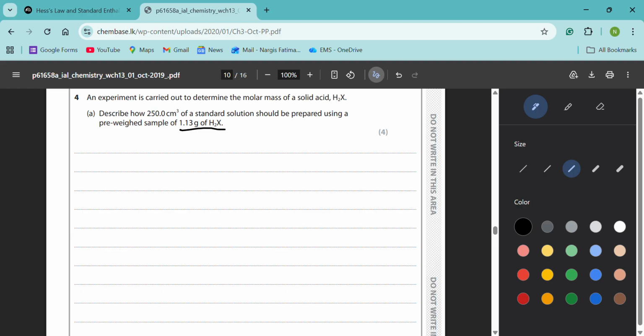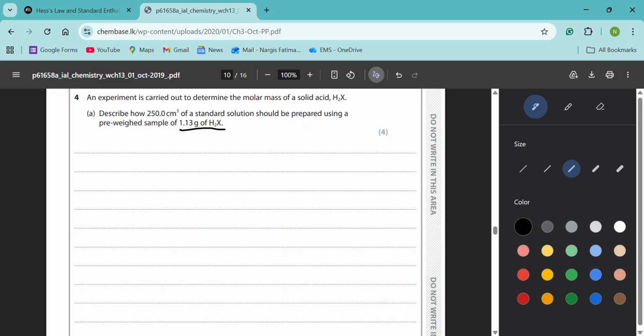So it's a very simple question, but because you are preparing a standard solution, you need to write all the steps. And if you are a student of Edexcel IAL Chemistry AS level, then in chapter 8 there is a topic where the whole process of making the standard solution is given, so you can also take the points from there.